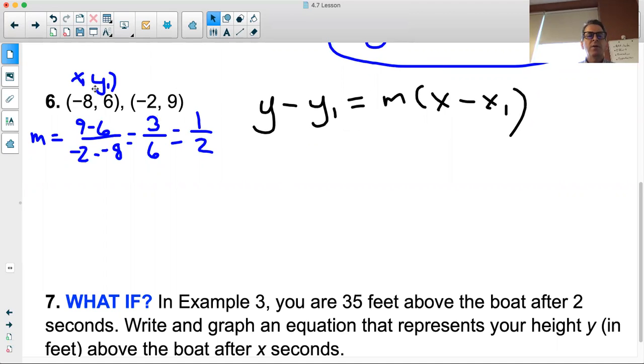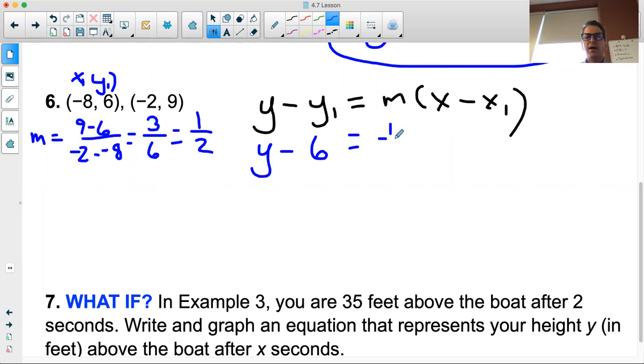Let's pick this first point. So y minus the y, which in this case is 6, is equal to m, which we found to be 1/2, times x minus the x, in this case, negative 8.